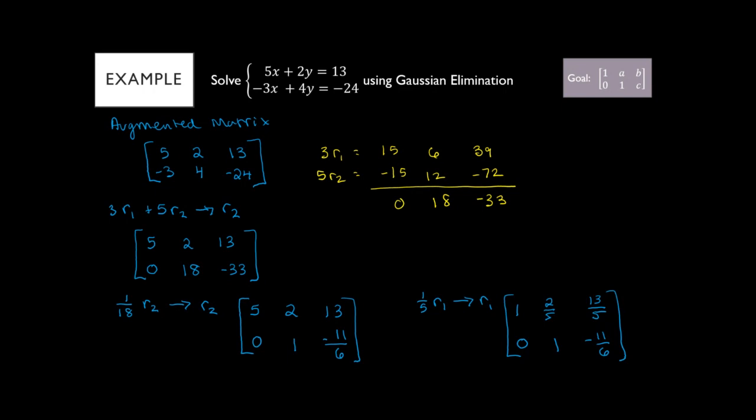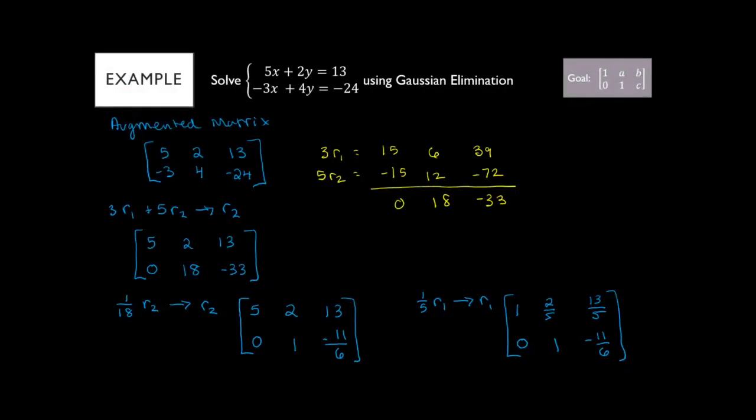So we're going to basically create these. Once you have it in this form, you go back to your equation form and you put it back into your system. So we have now the system, and the system needs to have that curly brace. So I have x plus 2/5 y equals 13 over 5.